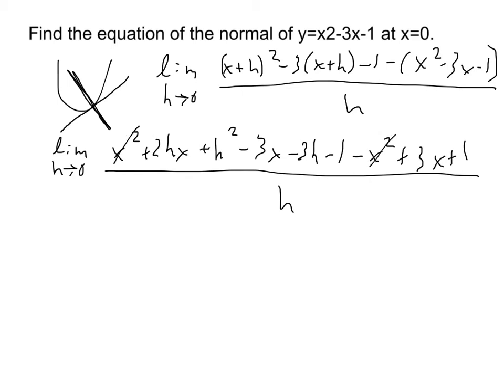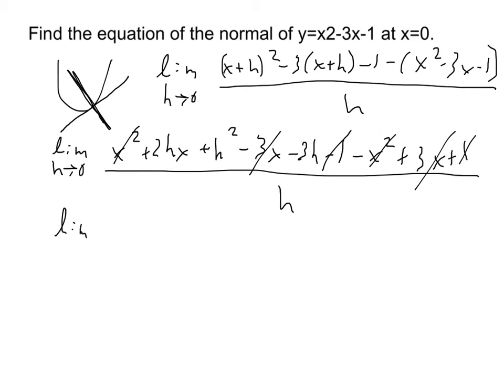So my x squareds cancel. My negative 3x's cancel. My 1's cancel. And I believe I'm left with 2hx plus h squared minus 3h all over h.